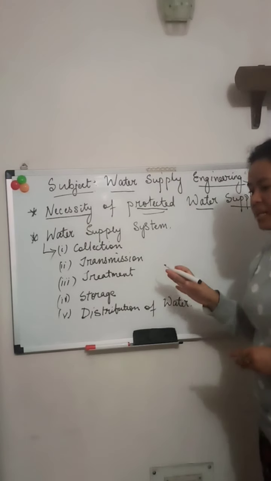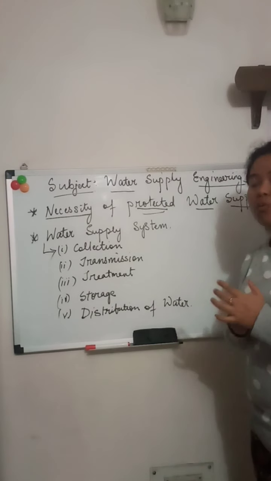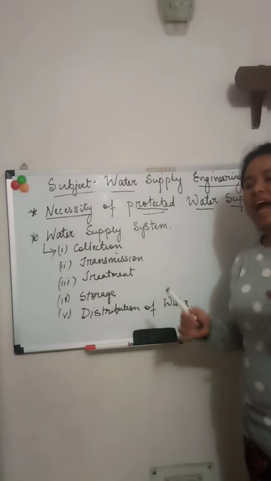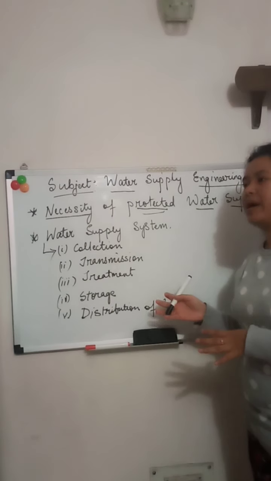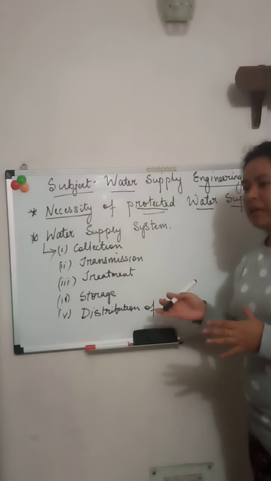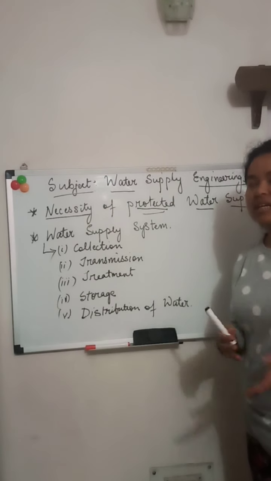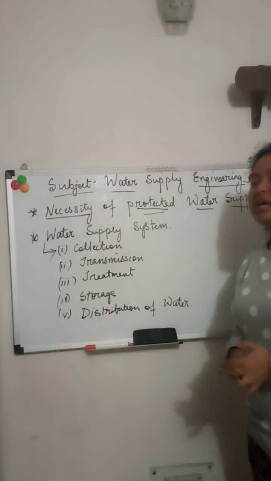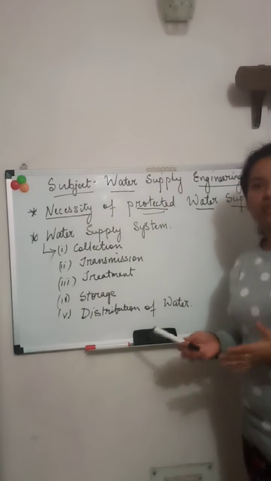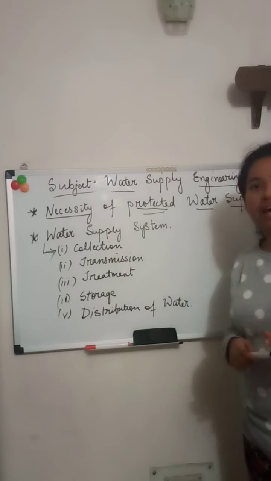For example, in the villages, they take out the water from the wells. If that well is located at a place where the cows and animals are, they excrete their waste, and people take bath, like you have learned in class 10 about health education.